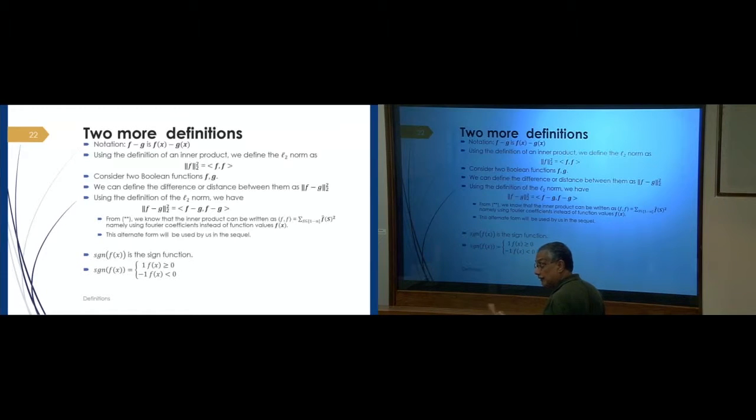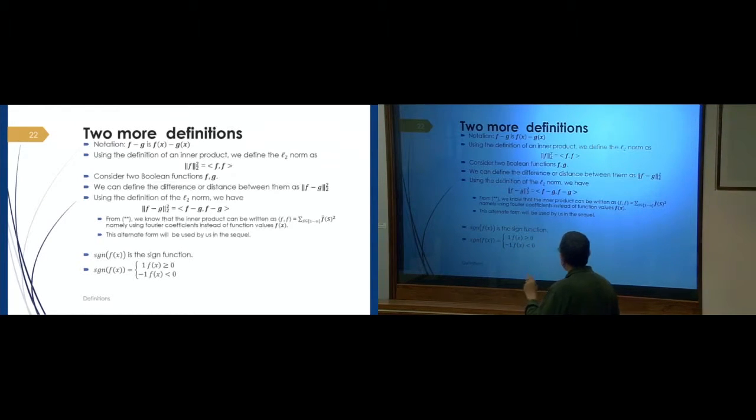Now if you consider different functions f and g, not f by itself, then the difference between them, measured under the L2 norm setup, which is the distance between them in this sense, is basically the inner product of f minus g with itself. So it's very similar to the L2 norm of f with itself, except now, given 2 functions f and g, you take the difference between them, and take the inner product of that. So that's simply the definition.